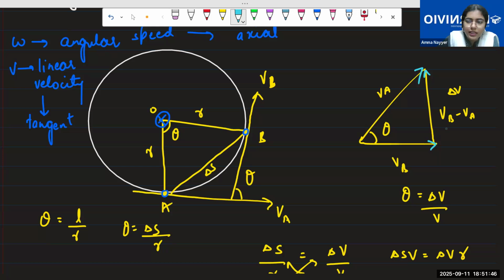So this shows their final difference. Their final resultant VB minus VA is given from the closing end. All these are just drawn by construction. One side is VA, another side is VB, and the closing side is VB minus VA.